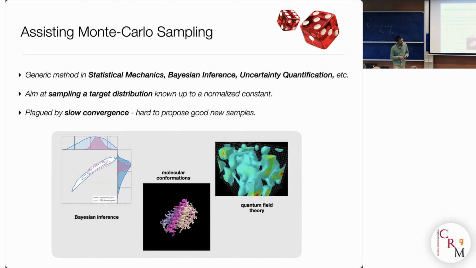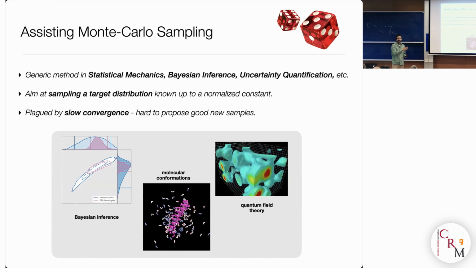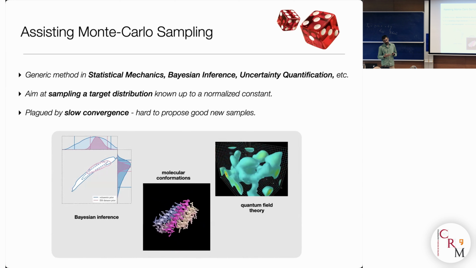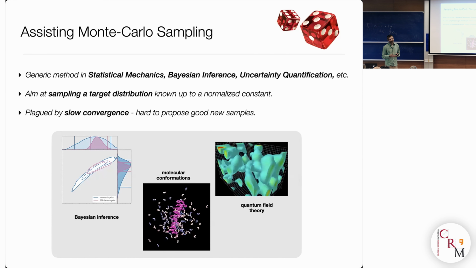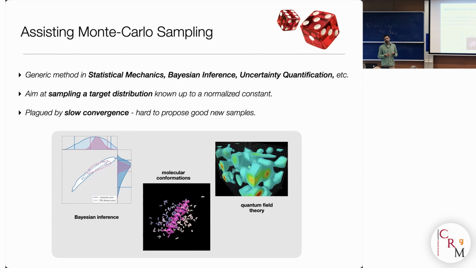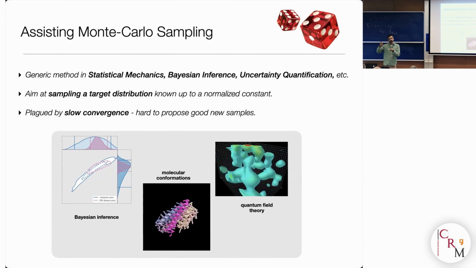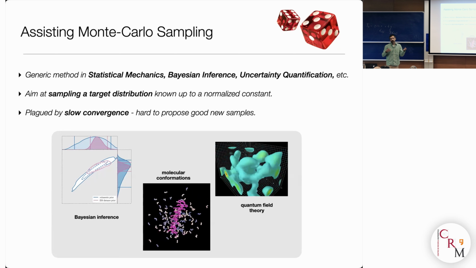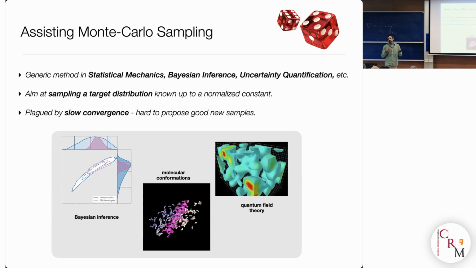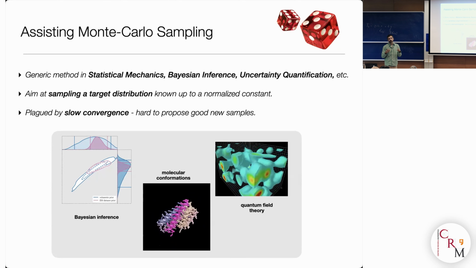Okay, but standard Monte Carlo procedures work in many cases quite well, but also in many cases they are plagued by slow convergence, because most of the procedures generate samples from a proxy of the target distribution and then correct, either by doing Metropolis-Hastings, which constructs a Markov chain, or by doing importance sampling, which associates weights.